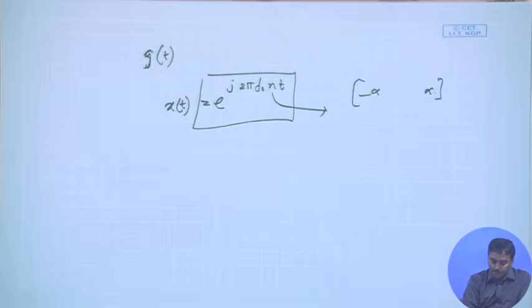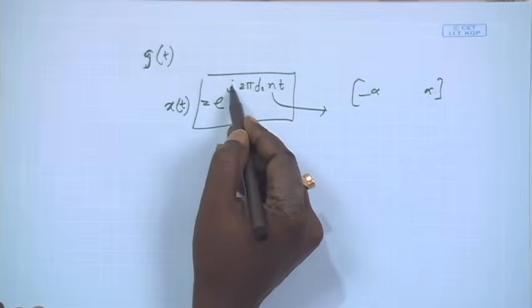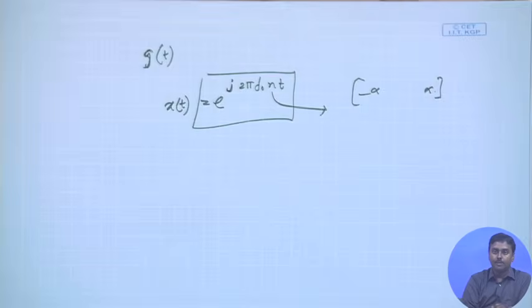Now, let us first test whether this infinite number of signals we have got are orthogonal to each other or not. That is something we have to prove. This signal is a complex signal, so we have to employ the complex equivalent of the orthogonality criteria.